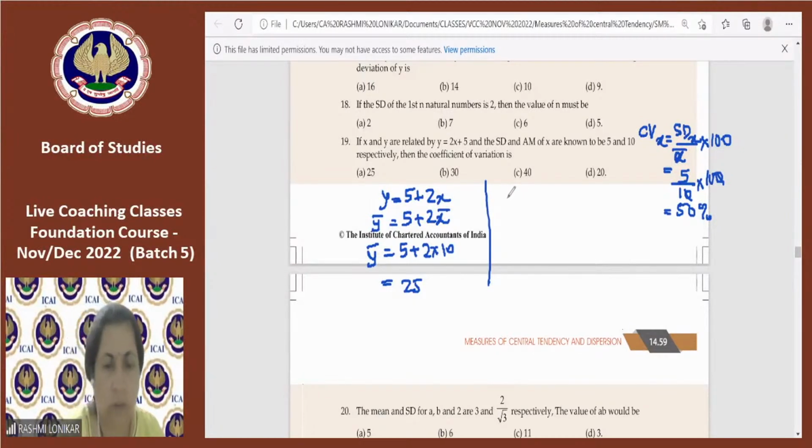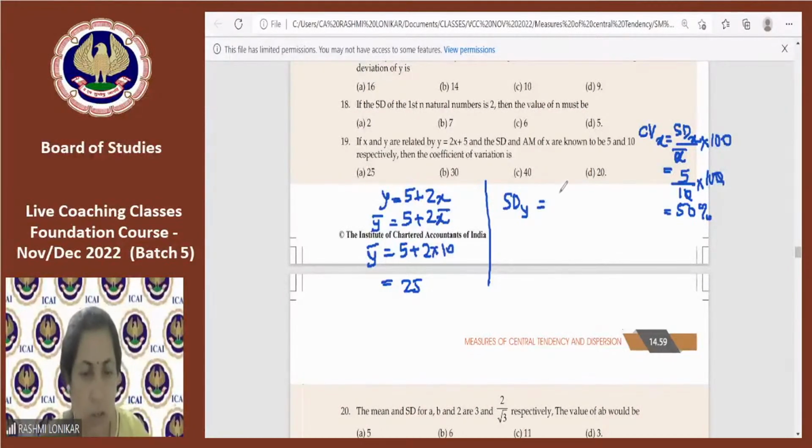We have to find the standard deviation of y. What is the value of b? 2. So 2 into this thing, that is 10. Let me check.